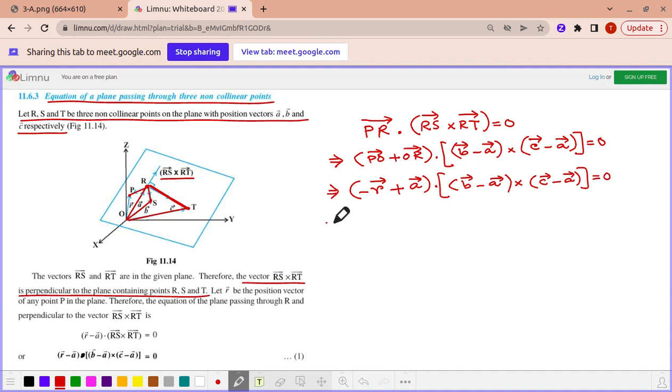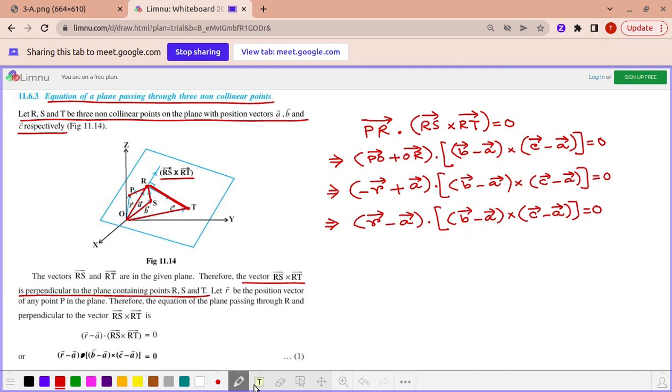Now we can make it in a proper form: instead of minus R vector plus A vector, we can write R vector minus A vector, dot B vector minus A vector cross, sorry, C vector minus A vector, that is equal to 0.